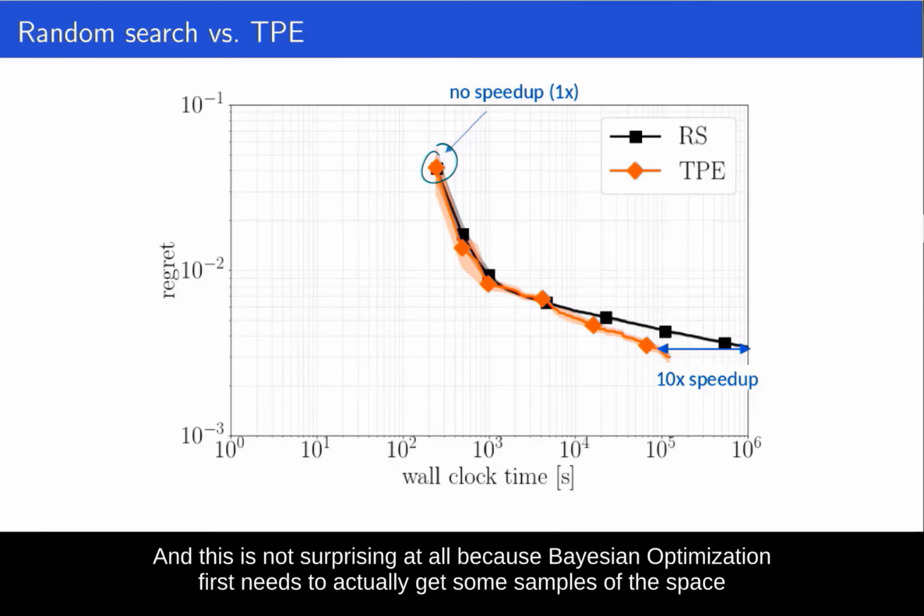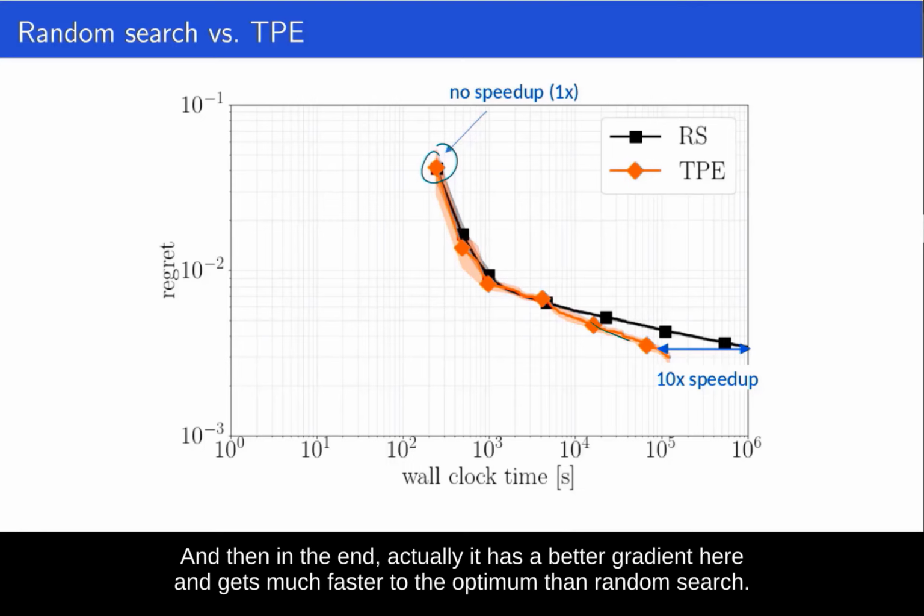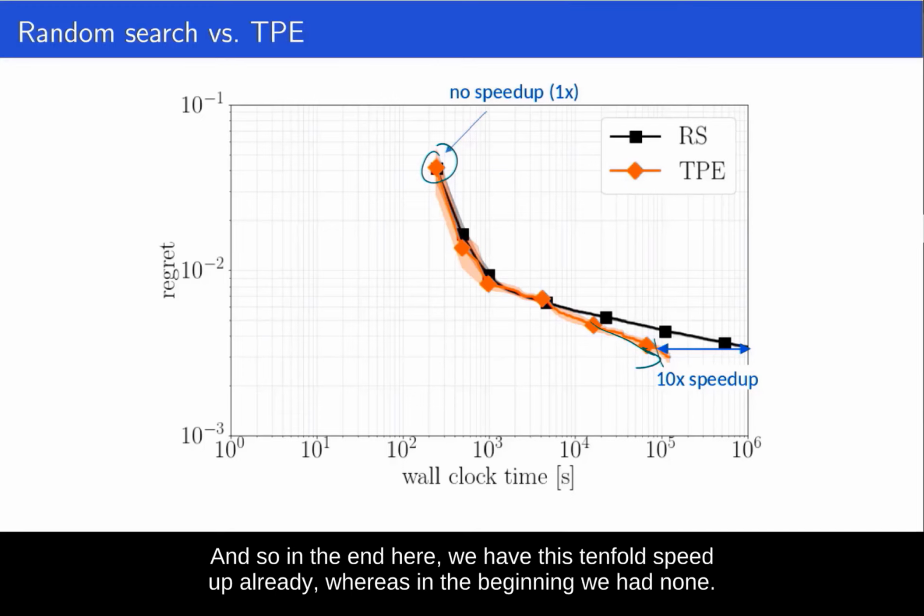This is not surprising at all, because Bayesian optimization first needs to get some samples of the space in order to build its model and then figure out which parts of the space are useful and which are not. And then in the end it has a better gradient and gets much faster to the optimum than random search. So in the end we have this 10-fold speedup already, whereas in the beginning we had none.